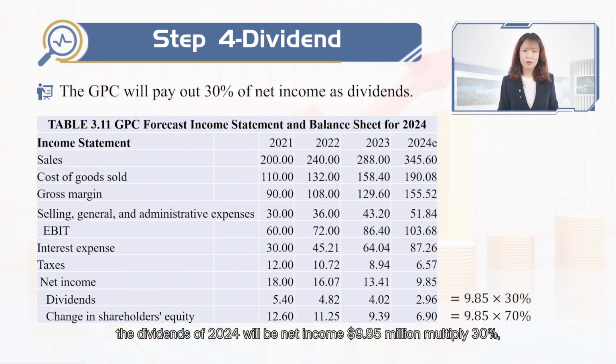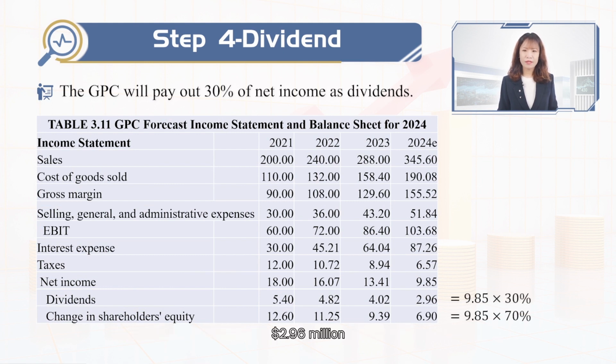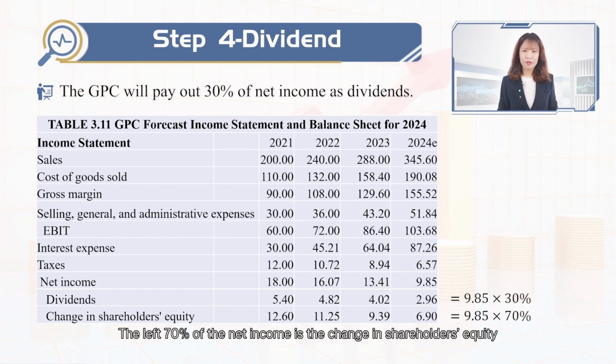Then, dividends of 2024 will be net income $9.85 million multiply 30%, $2.96 million. The left 70% of net income is the change in shareholders' equity, $6.9 million, rounded off to the second decimal place. The forecast of the income statement for 2024 has been completed.